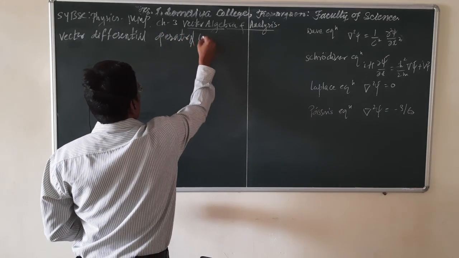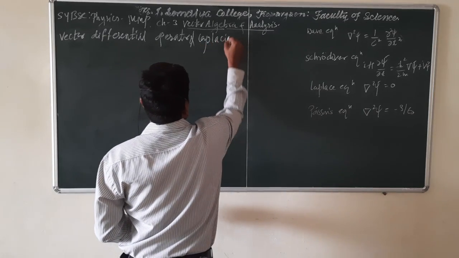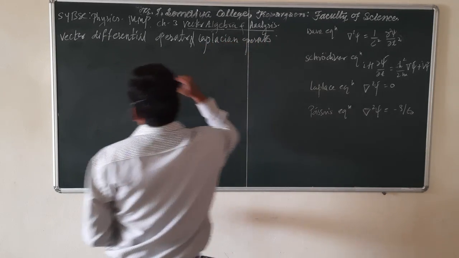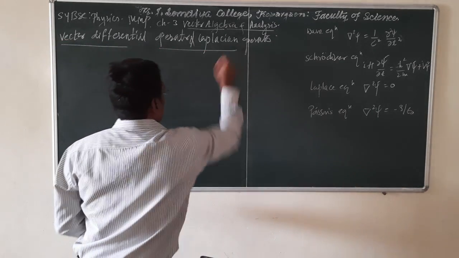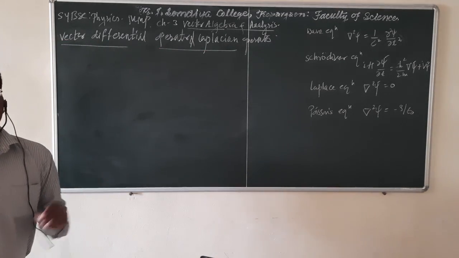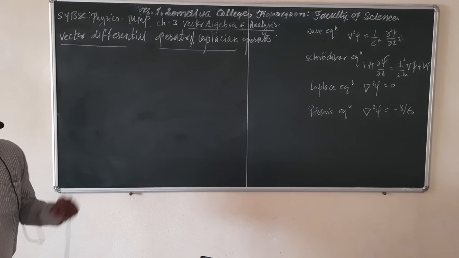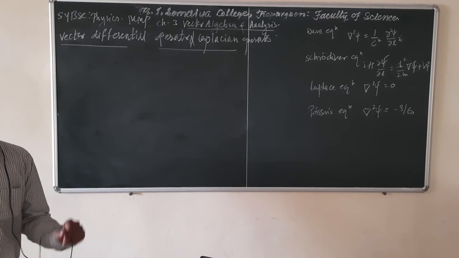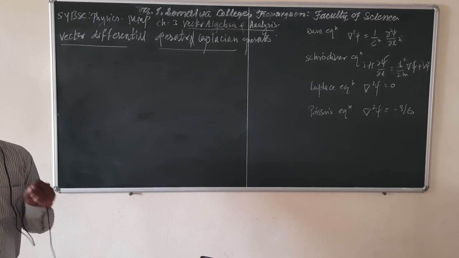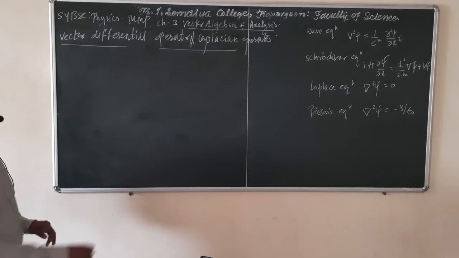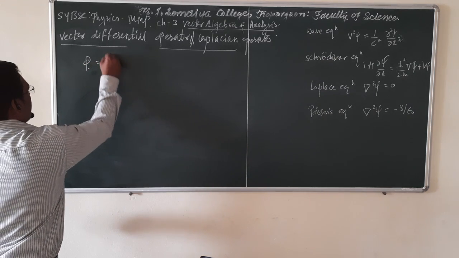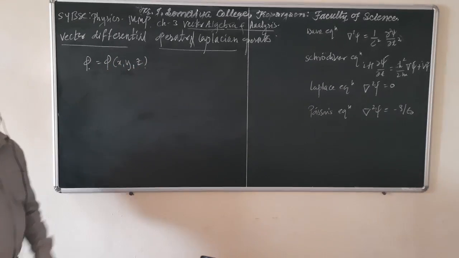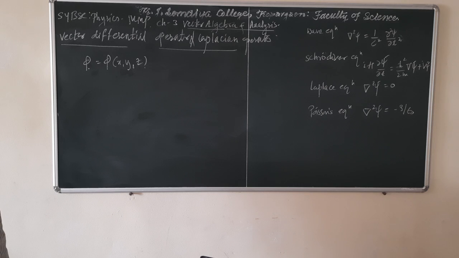To study what is meant by the vector differential operator and the Laplacian operator, we have to take a scalar field, defined as phi, which is a function of x, y and z. So phi is the scalar field.